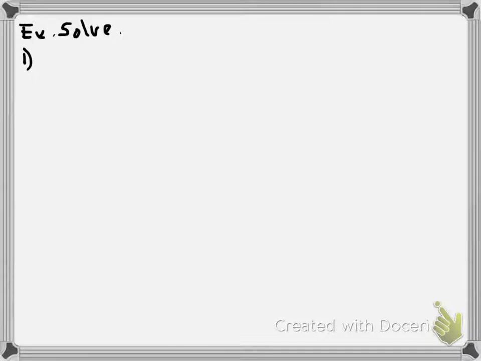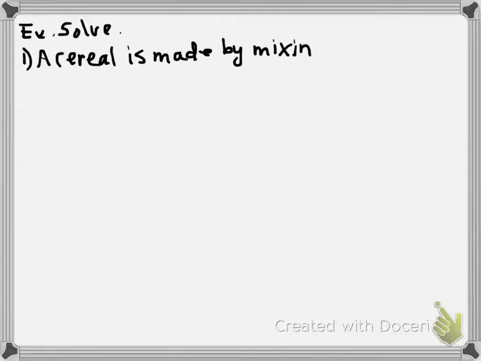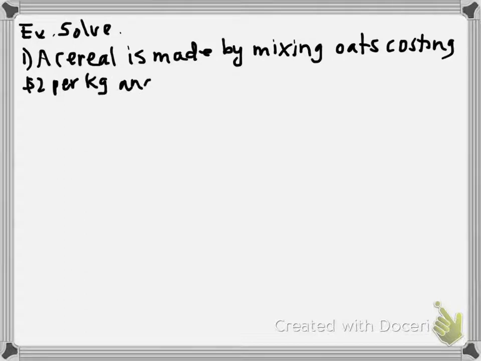So our first one is a cereal is made by mixing oats costing $2 per kilogram and fruits and nuts costing $9 per kilogram.